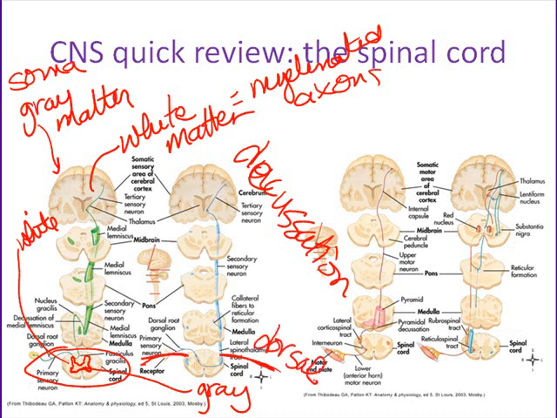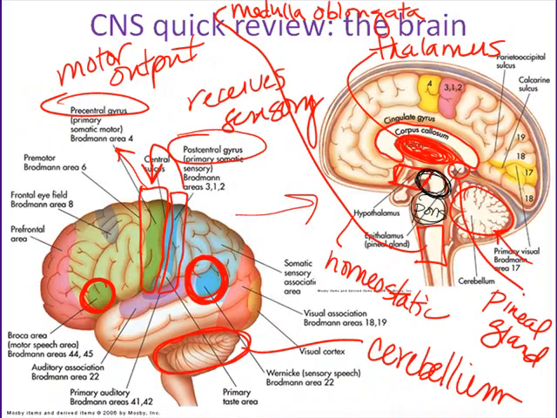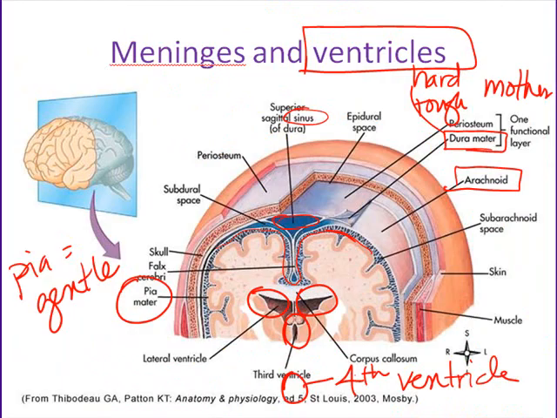If you remember back here, we said that sensory information comes in the post-central gyrus, that's near the back, and then motor information is sent out from the region forward to that. Same thing in the spinal cord. We receive sensory information, it comes in the dorsal portion, the back portion. Outgoing motor information travels along the ventral portion.